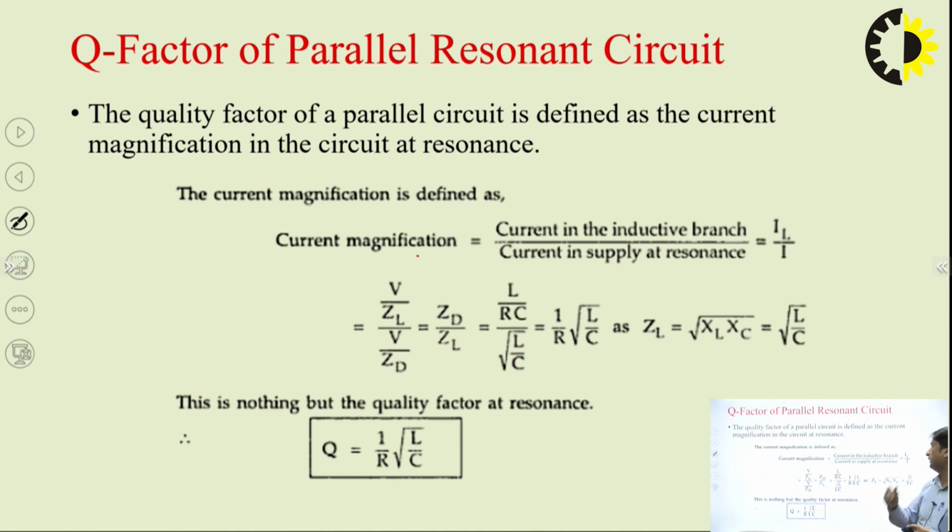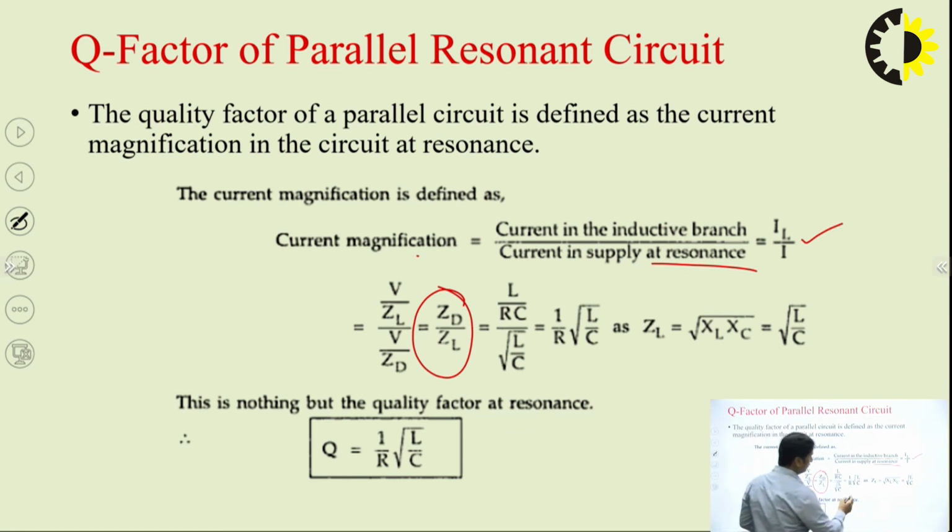If we put the value of current, this is V by ZL, and the current supply at resonance we have already calculated, V by ZL, and if we put the value of this part, we find that it is equal to 1 by R, square root of L by C. The formula is the same for both, but its meaning is quite different, because here the quality factor is defined in terms of current magnification. Earlier, in case of series, it was defined as voltage magnification.